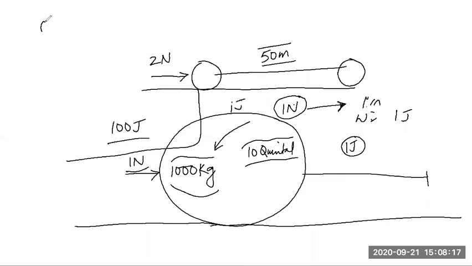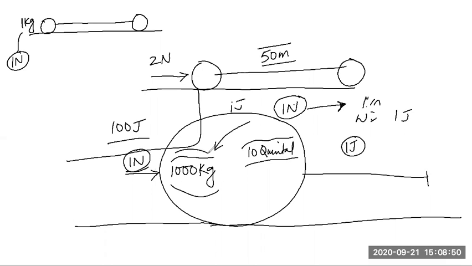On the other hand, let us say there is a body of only 1 kg mass, and there I apply a force, and let's say 1 kg corresponds to 1 Newton. Just imagine. In order to move 1 kg mass, imagine 1 Newton force is sufficient. And then the work done will be 1 joule. No, here 1 Newton force actually will not be able to move this 1000 kg mass.